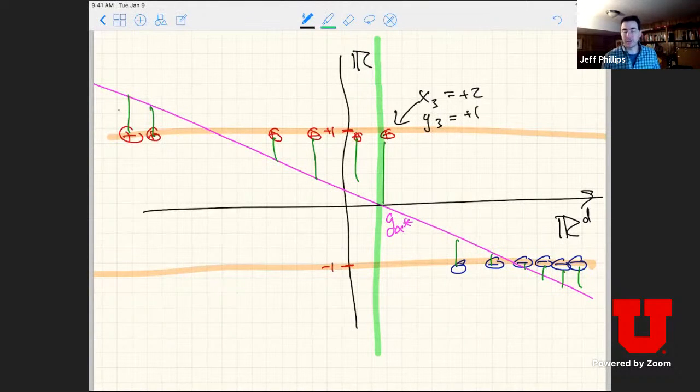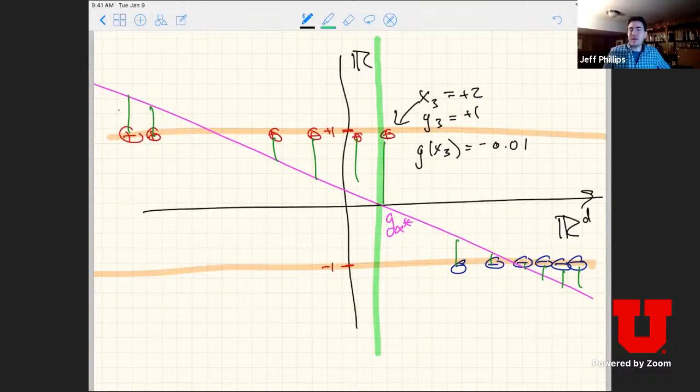But it's going to be just on the wrong side of this classifier, and the function value g of x3 might end up being minus 0.01 something. It's negative.